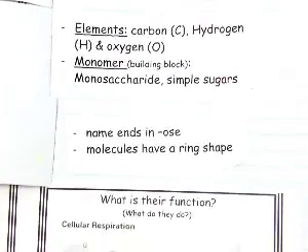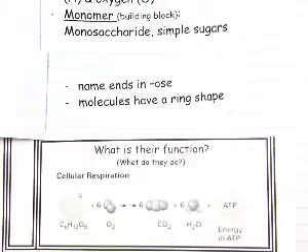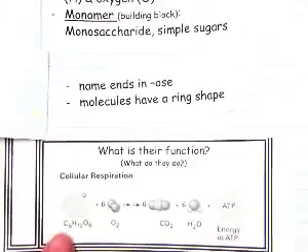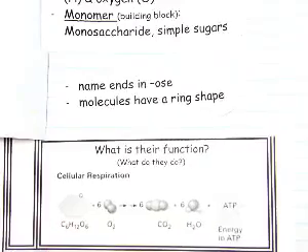The last section on this one, we're going to look at their function. What do they do? So one of the things, here we have glucose, here we have a carbohydrate.